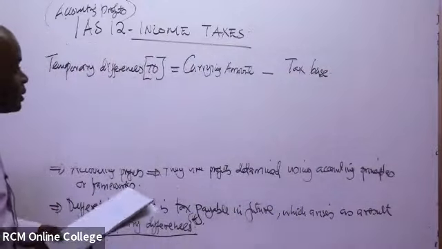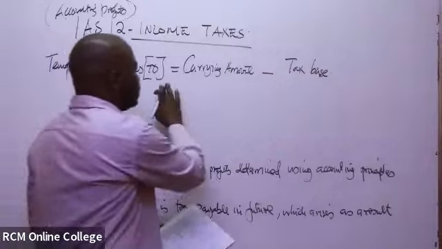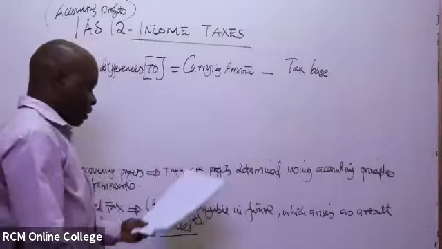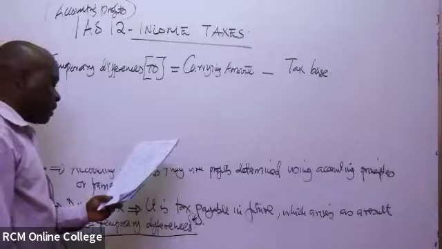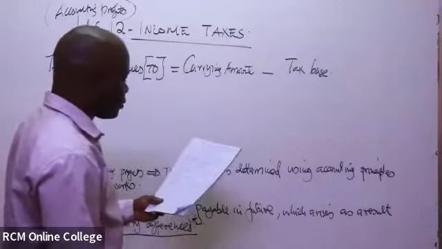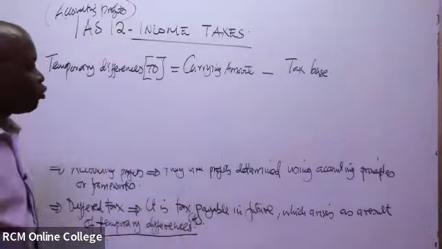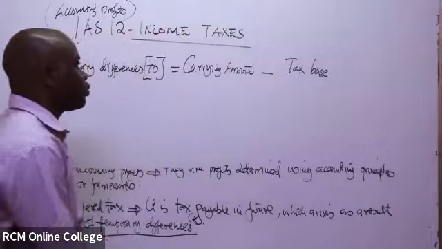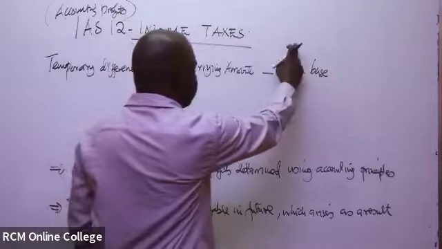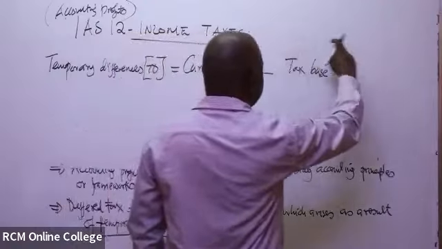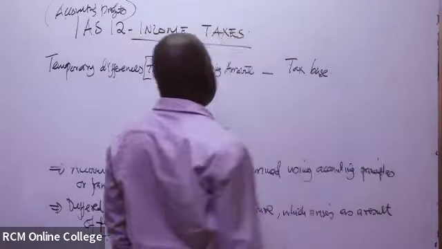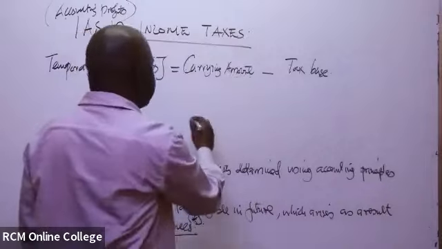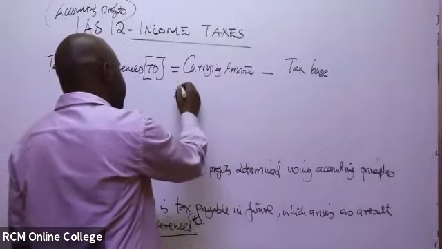This carrying amount is what will be determined by the accountant, or you can refer to it as the net book value. When you prepare the balance sheet, you normally do cost minus depreciation. Then of course you get the NBV. So this carrying amount is the NBV, the net book value.